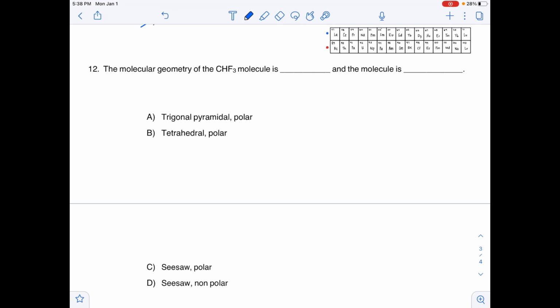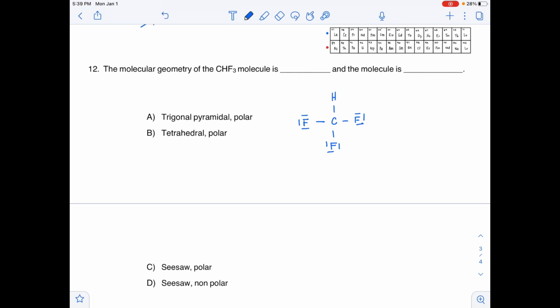For 12, it says the molecular geometry of the CHF3 molecule is blank and the molecule is blank. So we have to write the Lewis structure for this. So carbon is going to be in the center, and then hydrogen is going to be surrounding it, fluorine is going to be surrounding it, another fluorine, and a third fluorine. Fluorine is going to have 8 electrons surrounding them, and hydrogen only has that one bond.